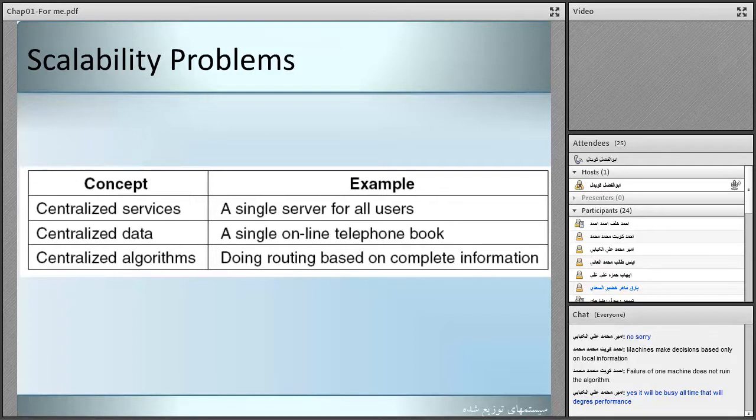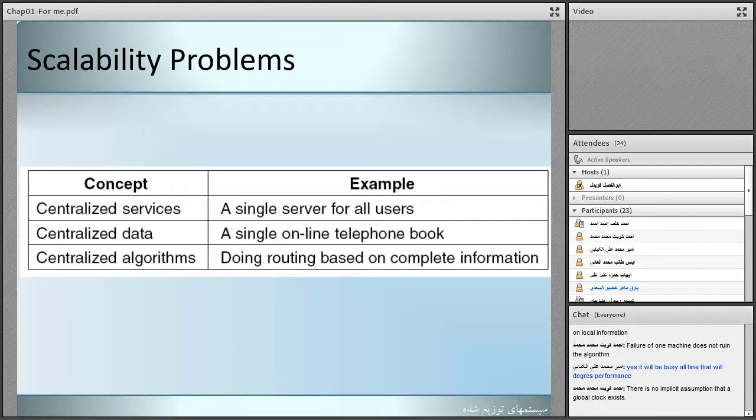So the performance is decreased, low speed data transmission, low speed service. It is a decrease of performance. So it is not scalable. It's a problem for scalability, because we say that a scalable system is a system that with increasing the number of users, the performance is not decreased. Good.